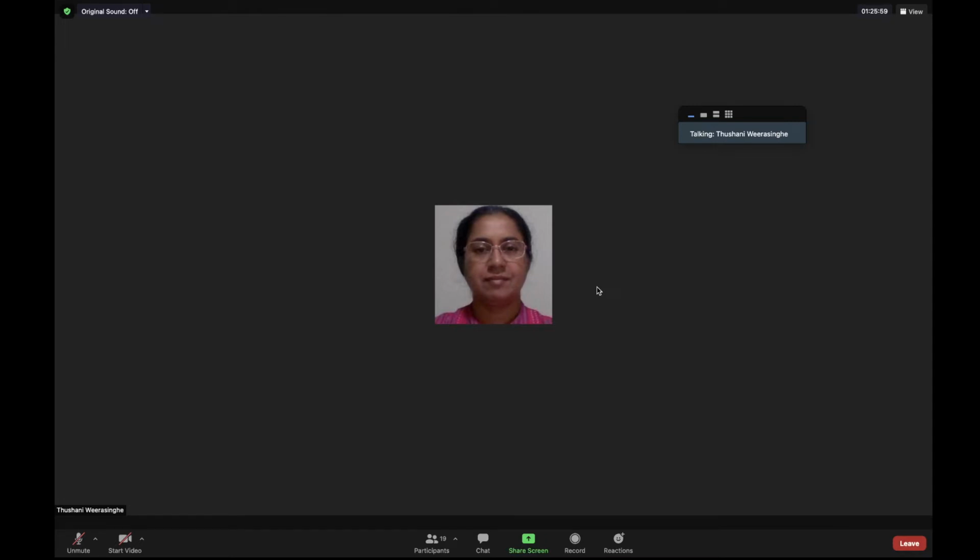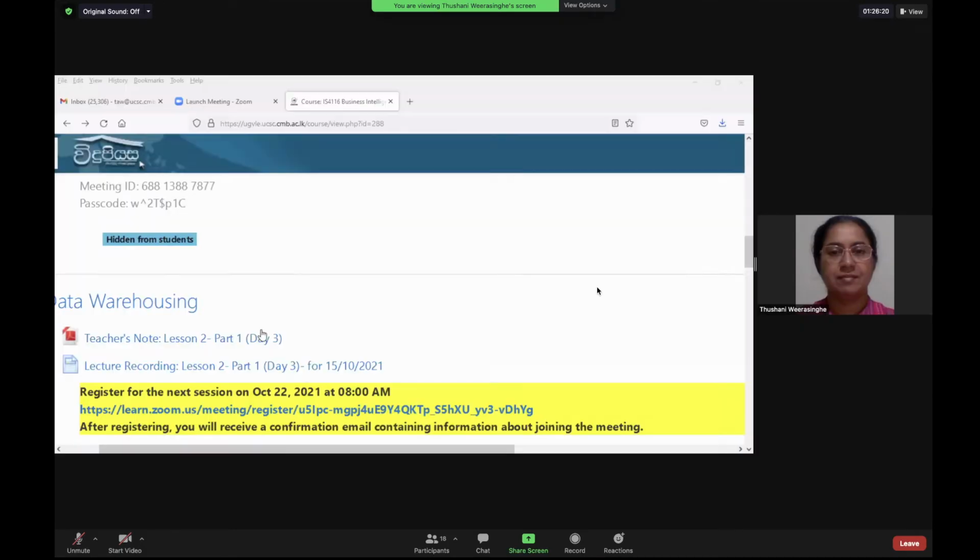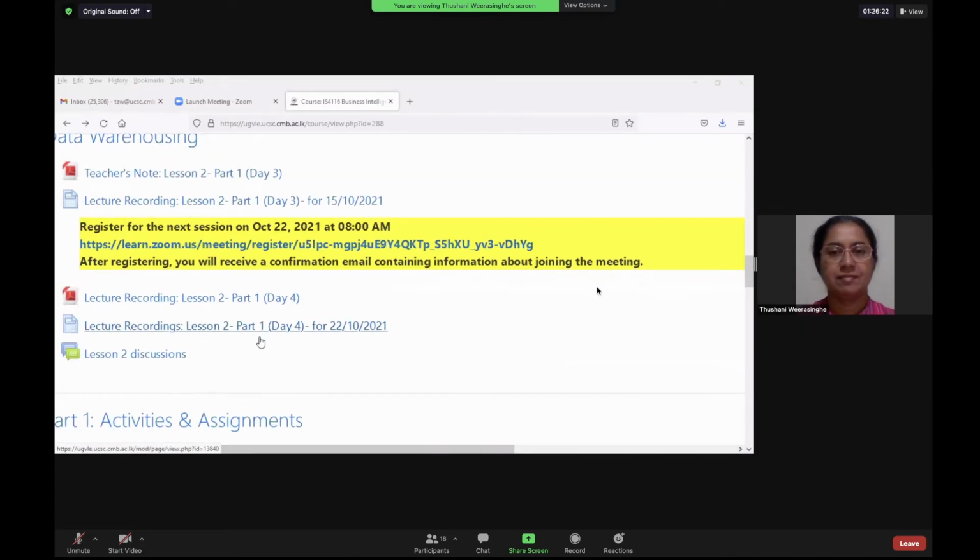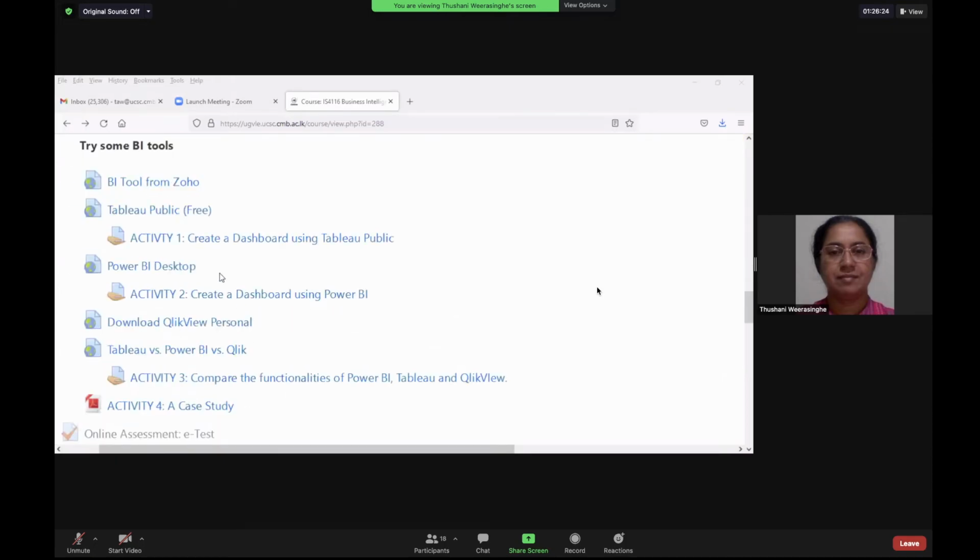If you do not do these activities, you will not be able to do the activities next time, because when I am going to start the practicals, you will not be able to understand. The ClickView will be started next week, and then we will be having the other applications in the coming weeks. So you have to go to the online course environment and do the activities here.